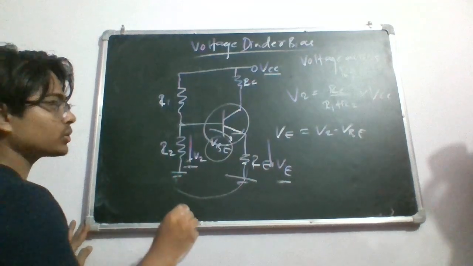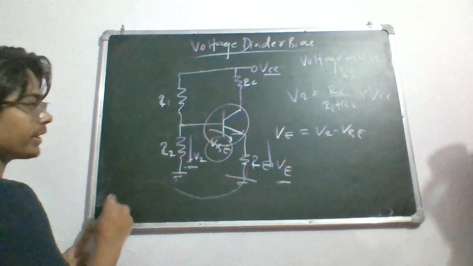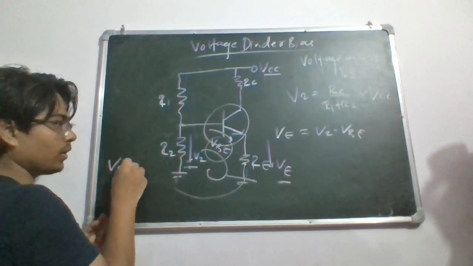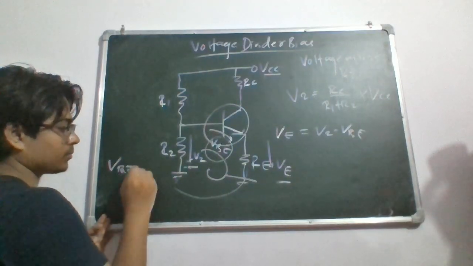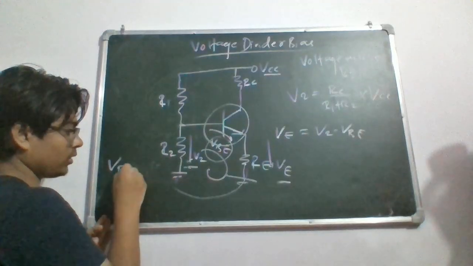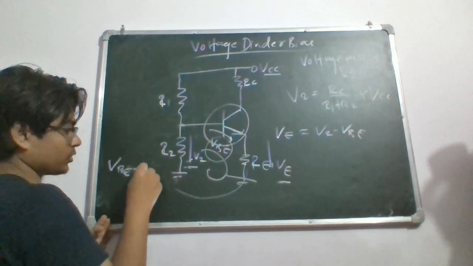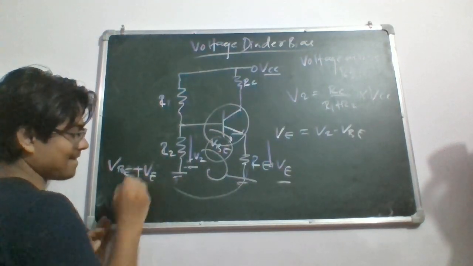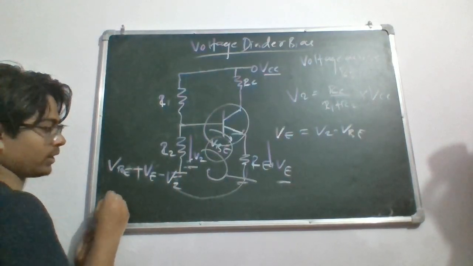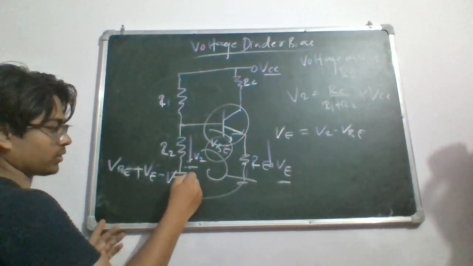Okay. Let's use Kirchhoff's rule here, and if you do so, VBE equals minus VBE plus VE minus V2, so that's why the value equals 0.